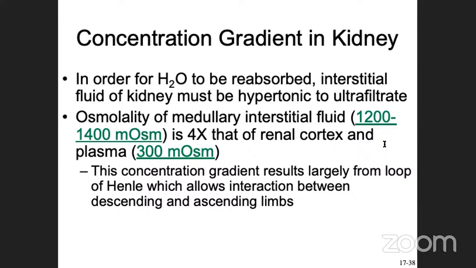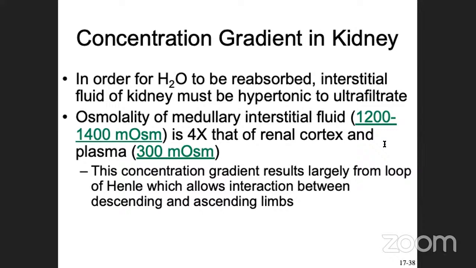We call it osmolality, especially those particles that are more concentrated as they reach the bottom parts of the loop of Henle. So this is in the medulla part of the kidney, where most of the water is excreted, and also some of the sodium and chloride are also excreted.